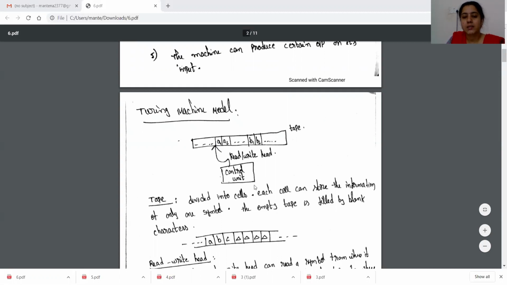So the structure is similar to the memory which we use in our computer systems. So we can write into this tape, or we can read from the tape. And tape is an infinite memory. And we can move forward or backward in the memory by using this head.